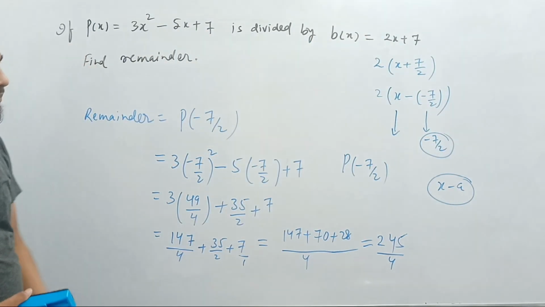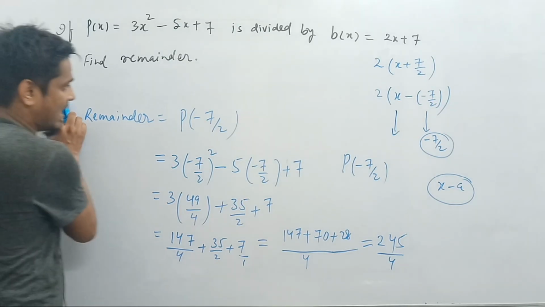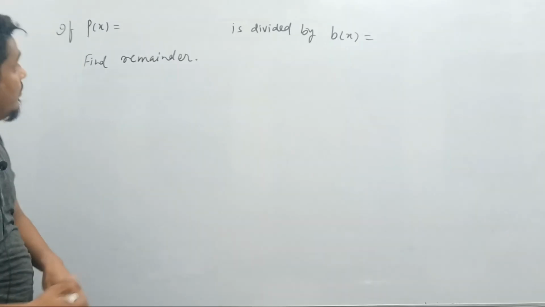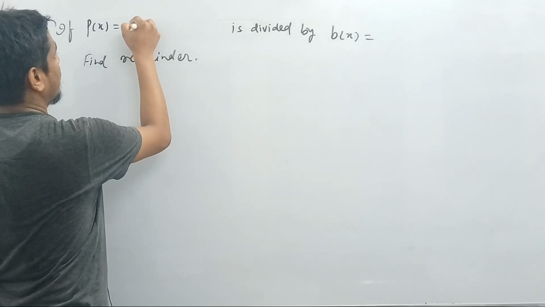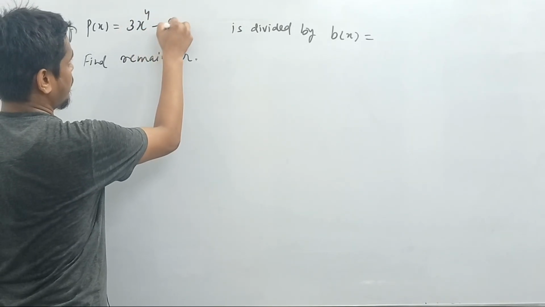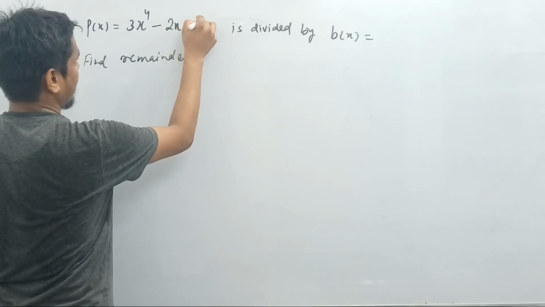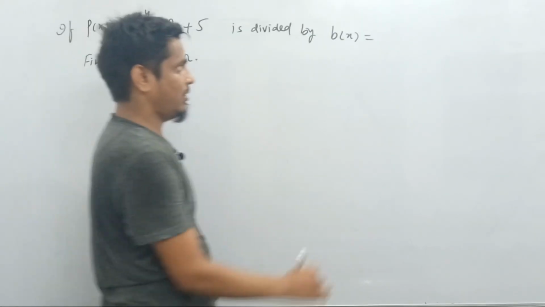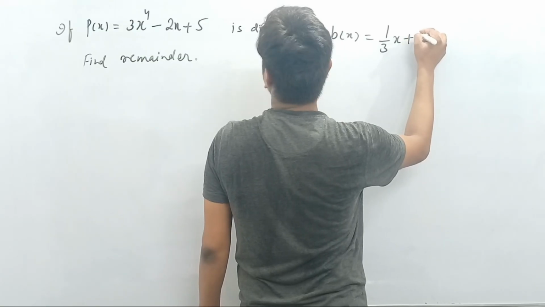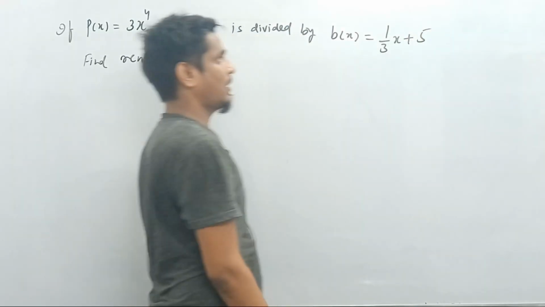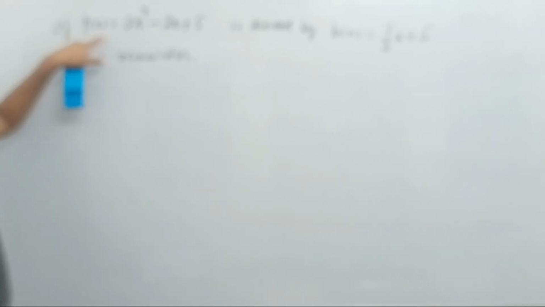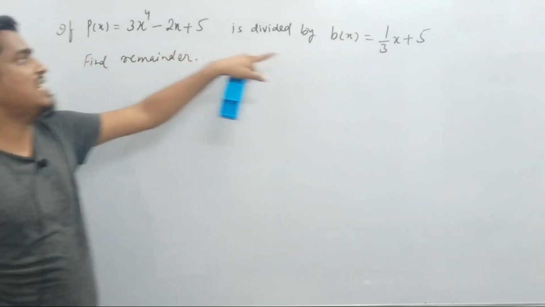So let's take another example. p(x) is equal to 3x to the power 4 minus 2x plus 5, and we are going to divide it by 1 by 3 times x plus 5. As we can find in this case, we are dividing p(x), which is a biquadratic, by a linear factor.